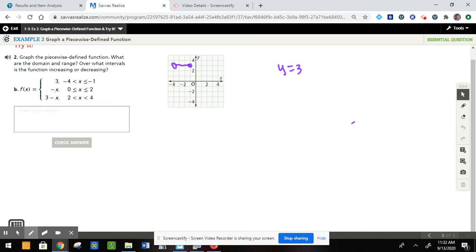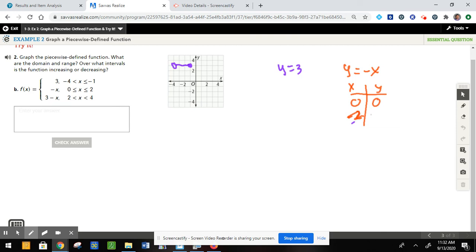Then for y equals -x, let's make an xy chart. I would do both sides, 0 and +2, sorry. Well, the opposite of 0, there is no opposite, so its y value would be 0 there.